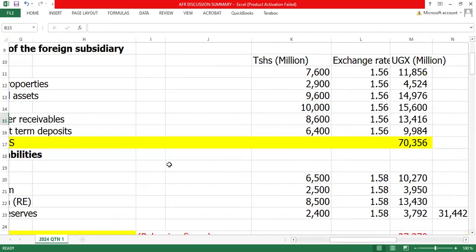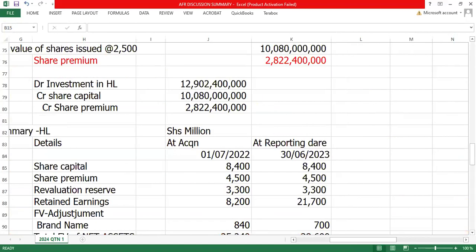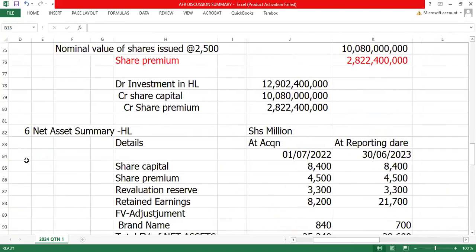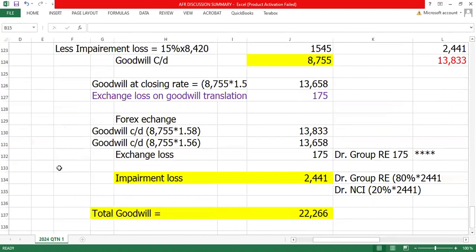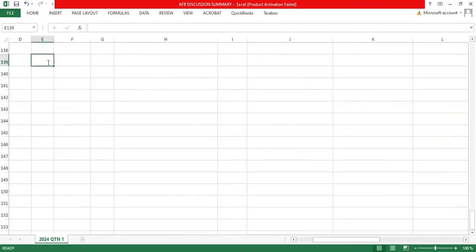Almost everything is done. What you're left with is not number 8, not number 9. That is about the group. We can look at NCI. Anyway, let me start with group retained earning.